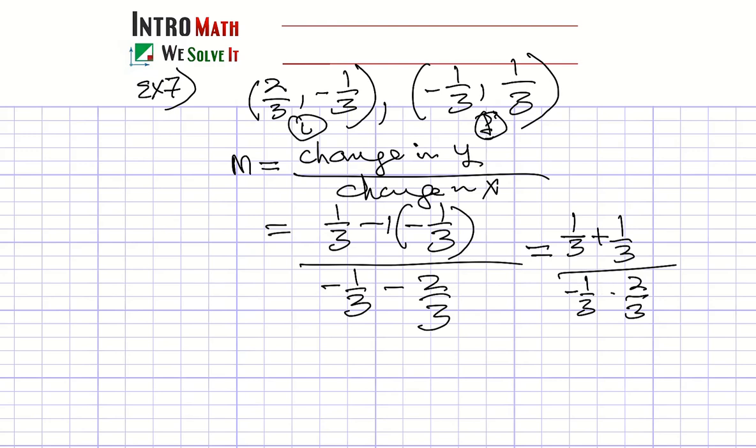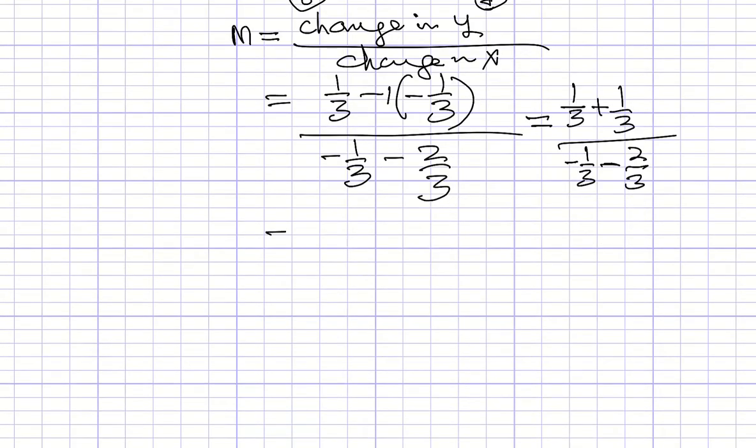So we'll simplify. What do we get? It's 2 over 3 divided by minus 3 over 3. See that, right? So that's the same thing as 2 over 3 over minus 1, which is the same thing as minus 2 over 3.